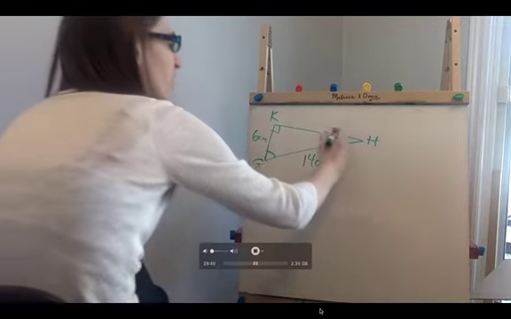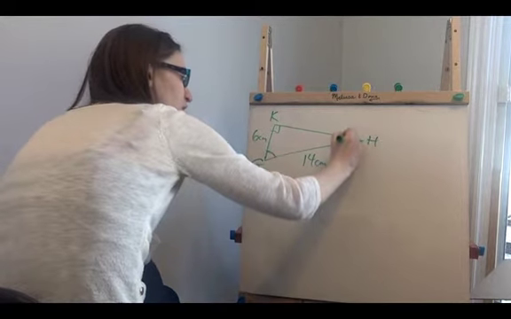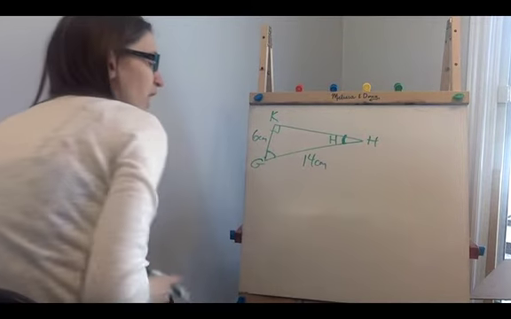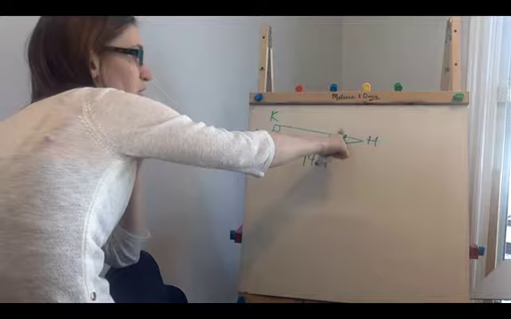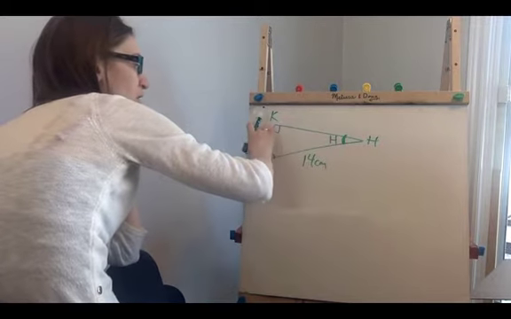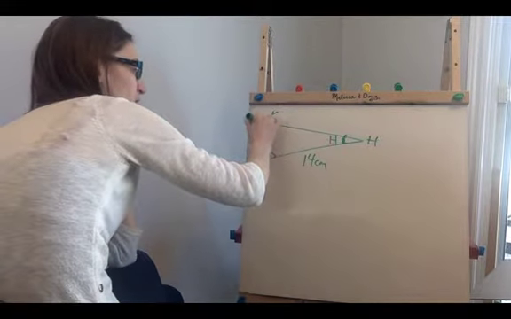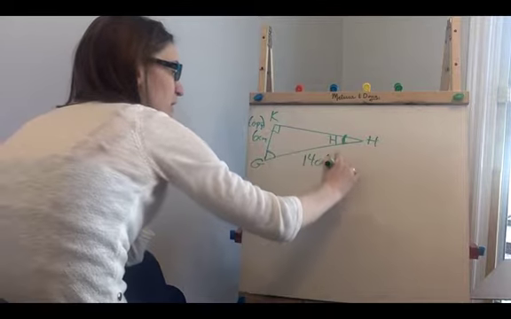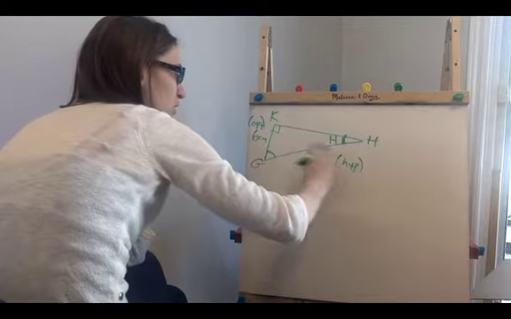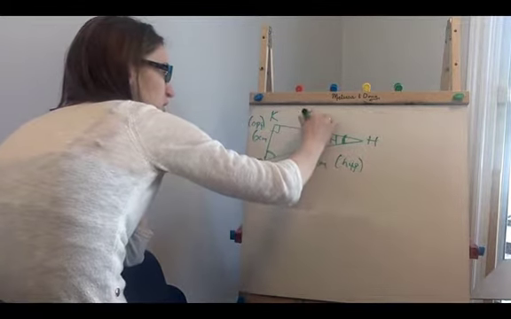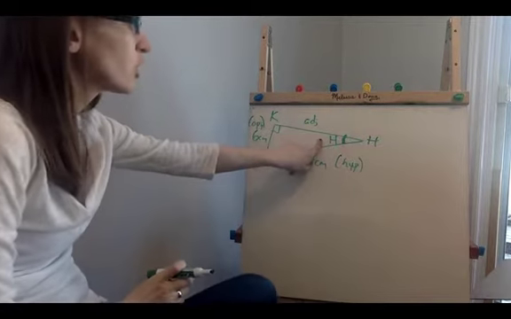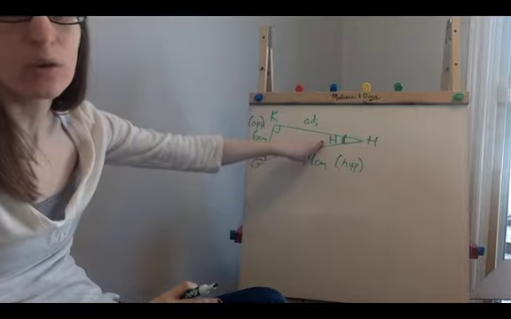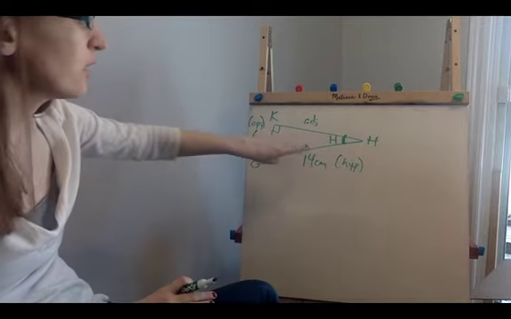If we're going to solve for H first, this is our missing angle, missing angle H. So we're going to label our triangle based on this missing angle. Based on this angle, this would be the opposite side length, this would be the hypotenuse, and this would be the adjacent. So with angle H, the side lengths that I have are the opposite side and the hypotenuse.